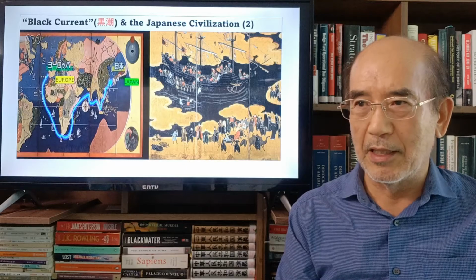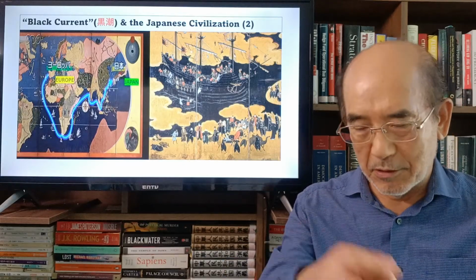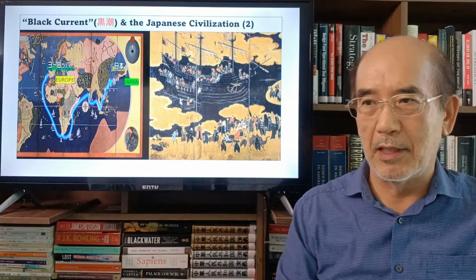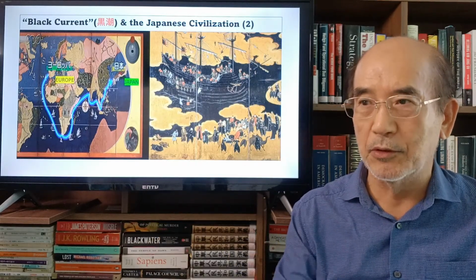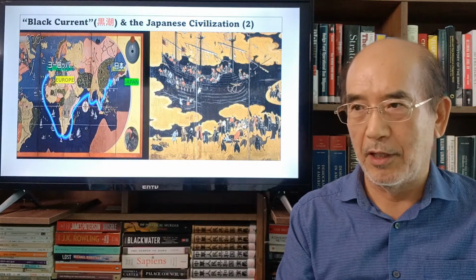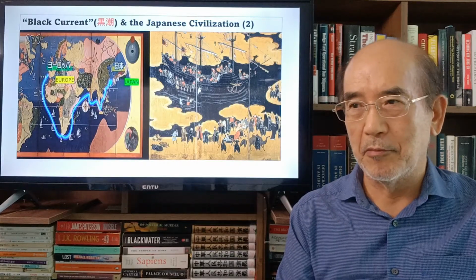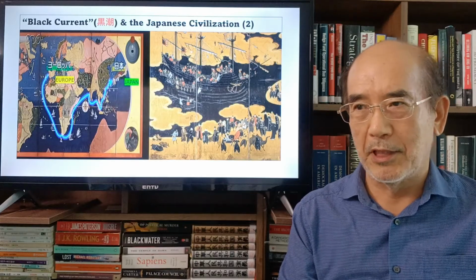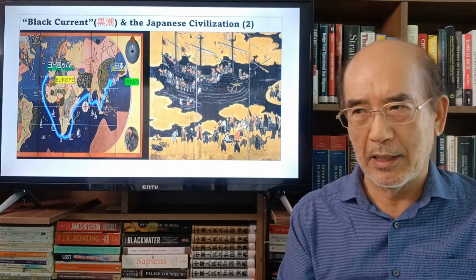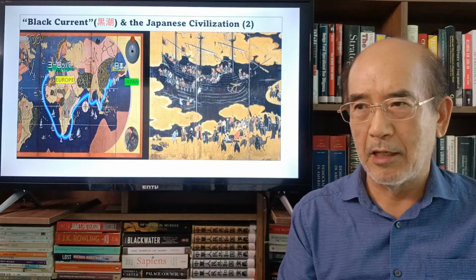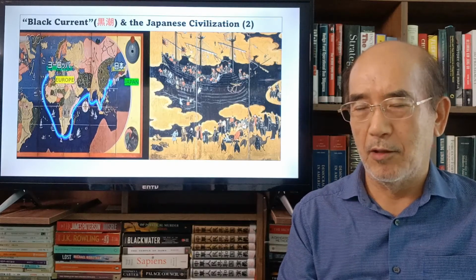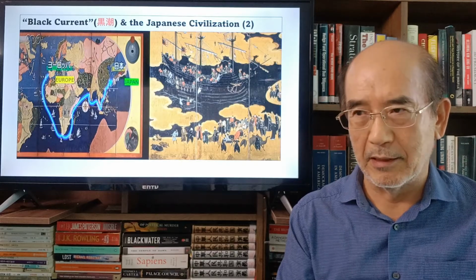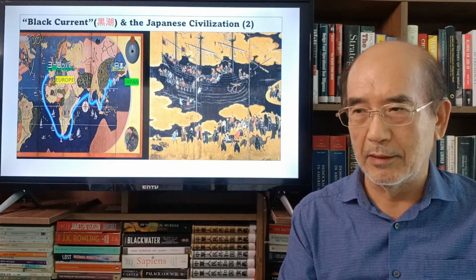To go to China, they sailed down and circled around the African continent, then went through Southeast Asia, then went to China. Right at that time, Japan was not really known as much as China. So in many cases, the arrival of Western ships, sailboats, was quite accidental rather than planned.